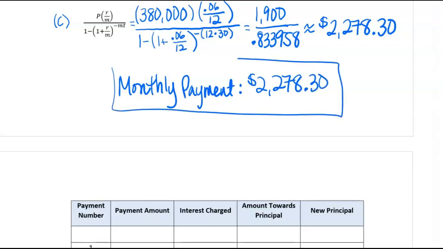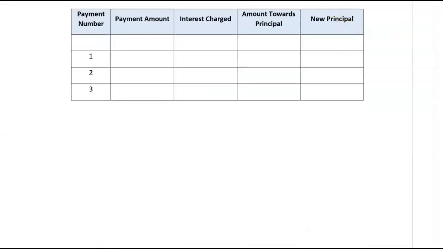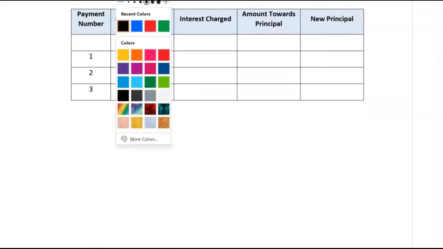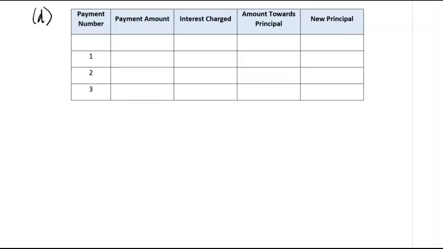$2,278.30. Part D, we need to complete the first 3 lines of Ching-Chi's amortization schedule. So first, we need some information. We need to find how to get the interest charged, the amount towards principal, and how to find the new principal balance.